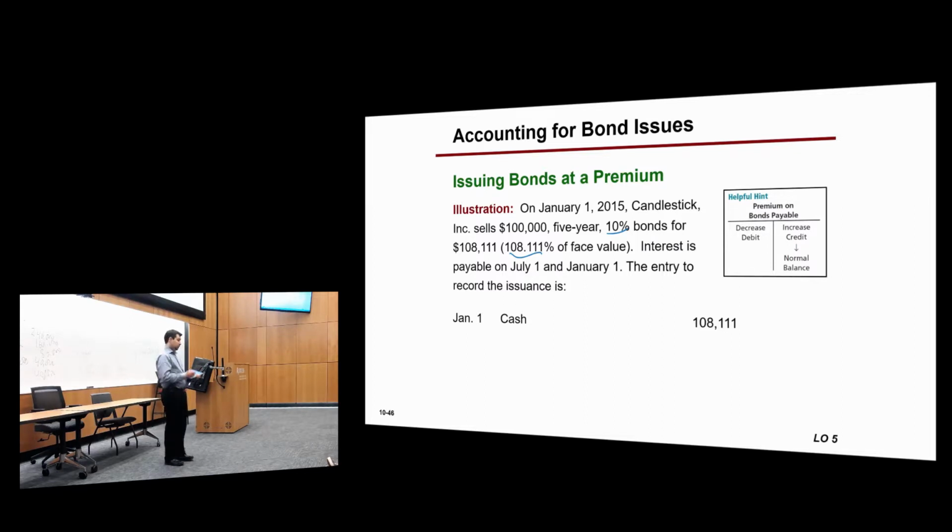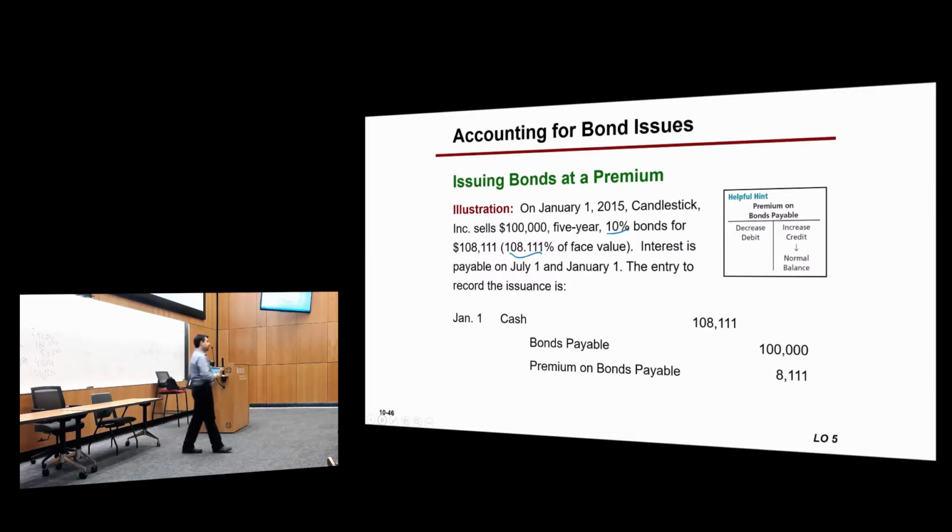Bonds payable 100,000. So you will credit bonds payable 100,000. The difference between the two will be credited to premium on bonds payable. For the carrying value, this one will be added to bonds payable.